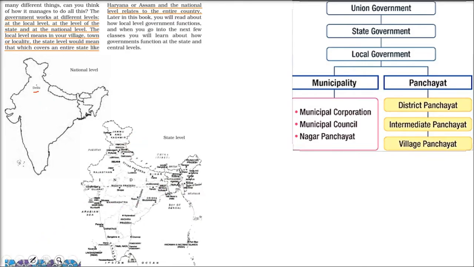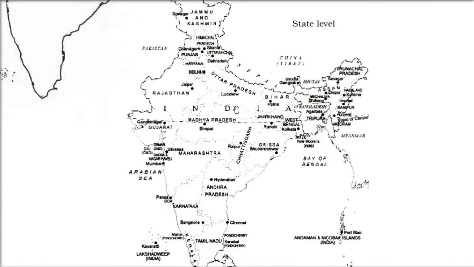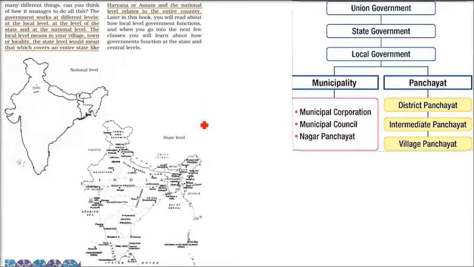Now we know that we have 28 states and 8 union territories. These are divided on the basis of language. Now these states are also very big. There are certain states which are so big that they are even bigger than most of the countries. So now, with a population like Uttar Pradesh's 23 crores, how to manage them?